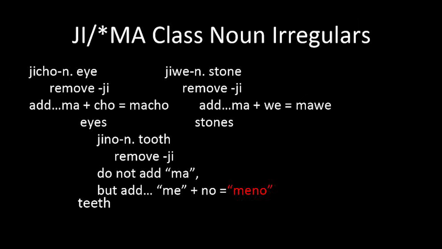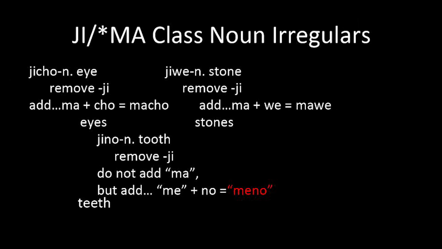Now, we're going to talk about those exceptions. They are irregular. There's three of them: Jicho, Jiwe, and Jino. So let's look at them. First of all, Jicho means eye. That's your eye. That's one eye. That's not two eyes. So in order to pluralize this word, you have to remove the JI. That's different from the other words. You don't have to remove the JI, you just attach MA.